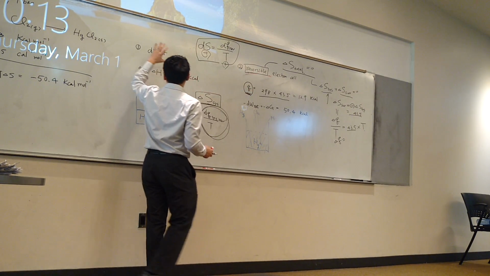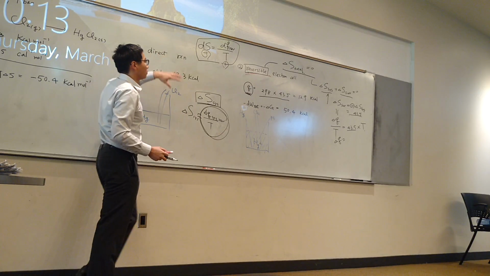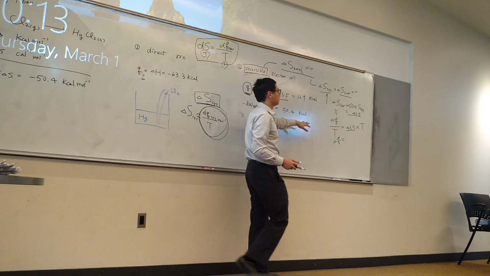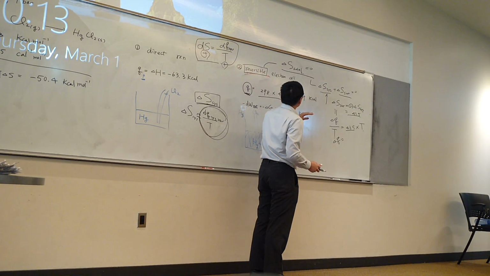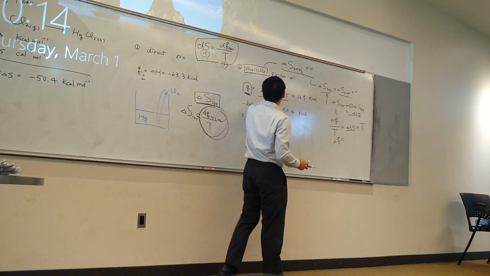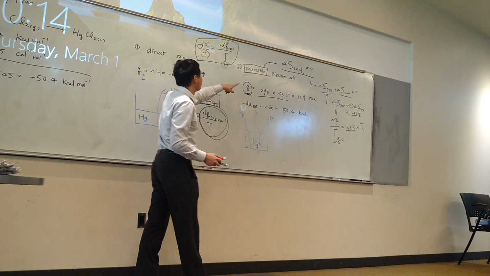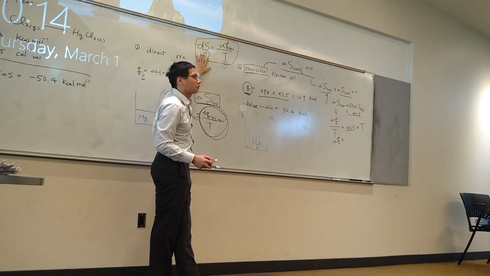if you don't have direct reactions, okay, and you want to calculate the Q, one thing you can do is calculate Q through your delta S surrounding using this equation, okay, because you know the dQ is going to equal TdS.